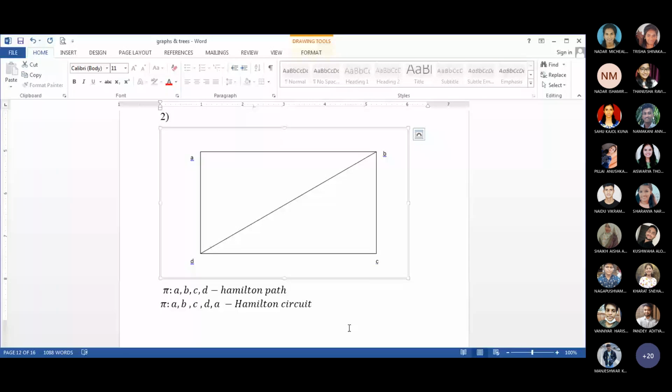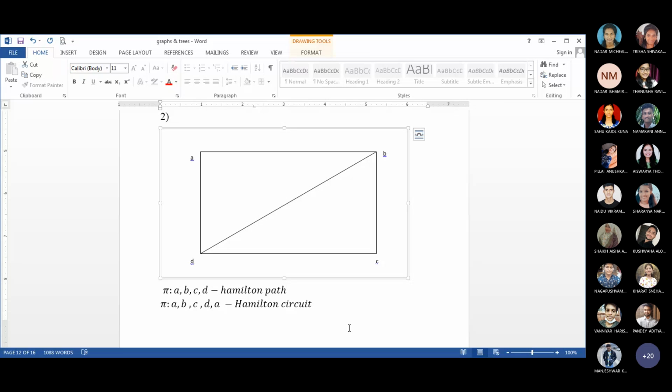You can label the edges. You said there are 5 edges, right? So label them E1, E2, E3, E4, E5. Suppose E1 is an edge between vertex A and B. Are you able to visualize this?